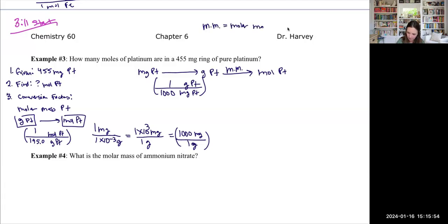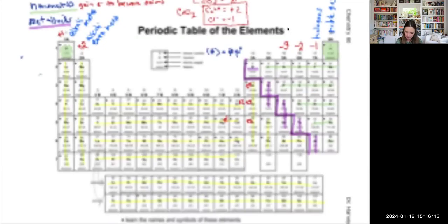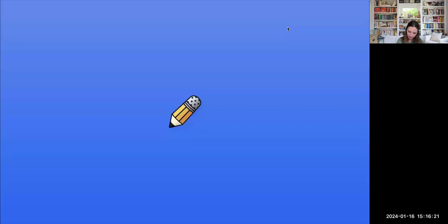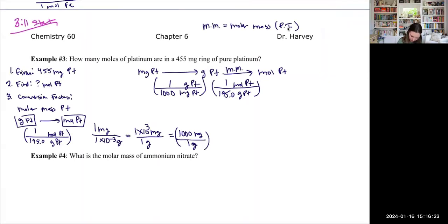The mass of 1 mole is the number from the periodic table. I need grams of platinum to cancel, and moles of platinum to convert to where I want to go: 1 mole, 195 point, I think we said 0.06, but let me double check the periodic table. Platinum, 195.08.